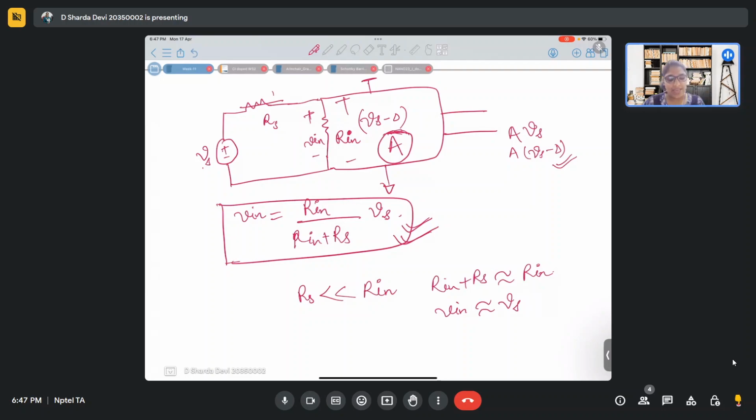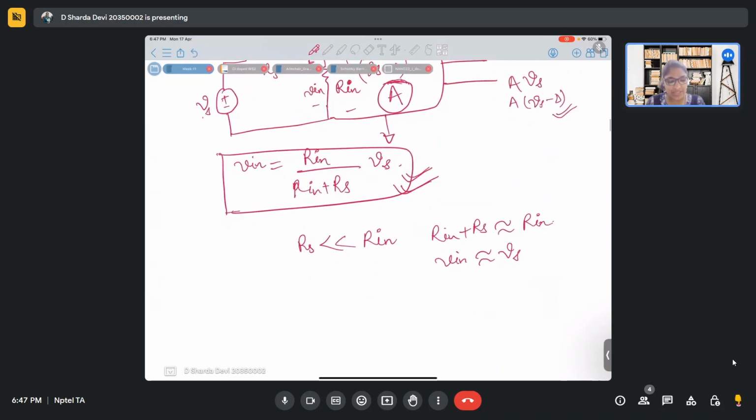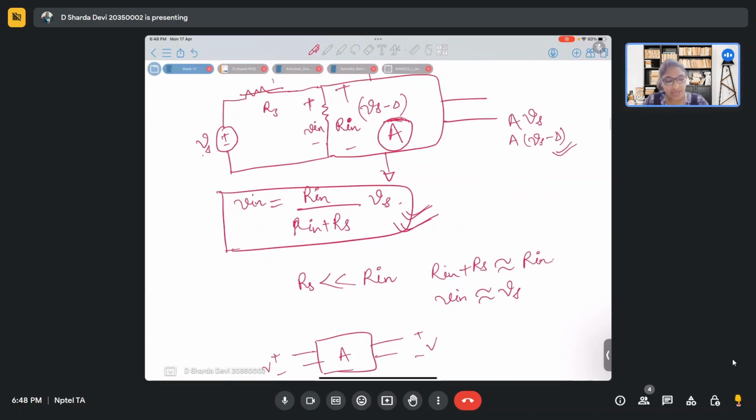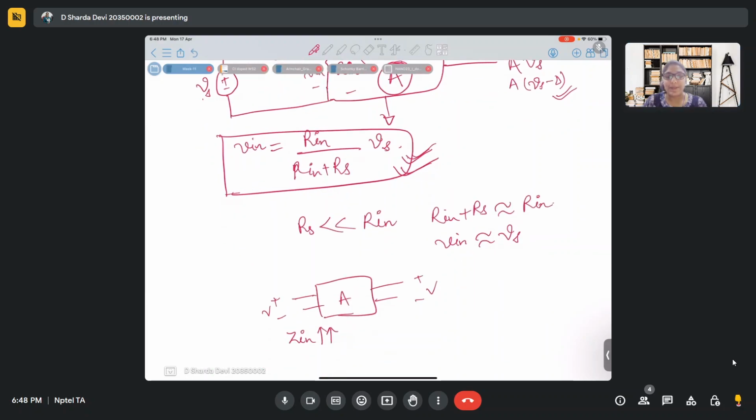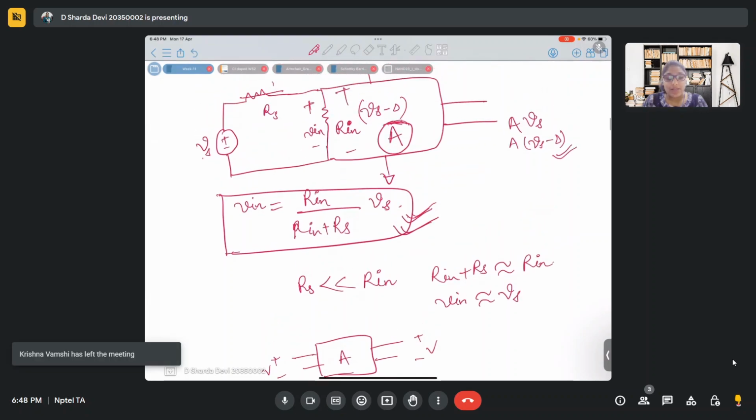That's why, in case of a voltage amplifier, we say that our input impedance Zn should be much higher. Zn being much higher means this condition will be satisfied, which we were just seeing. And similarly, we should have a very low output resistance also, to get the full output.